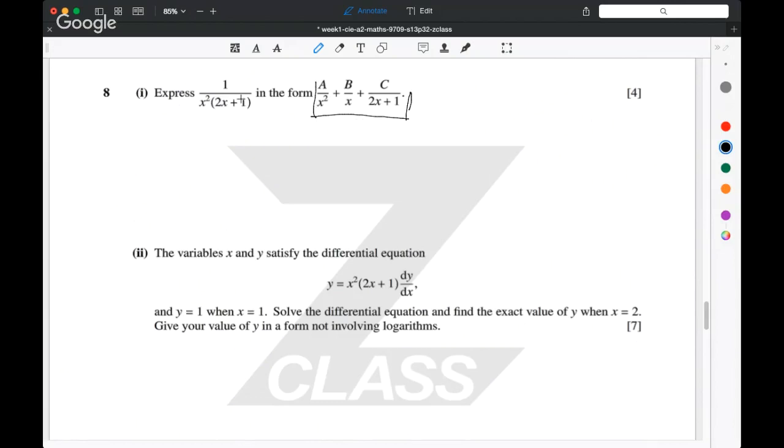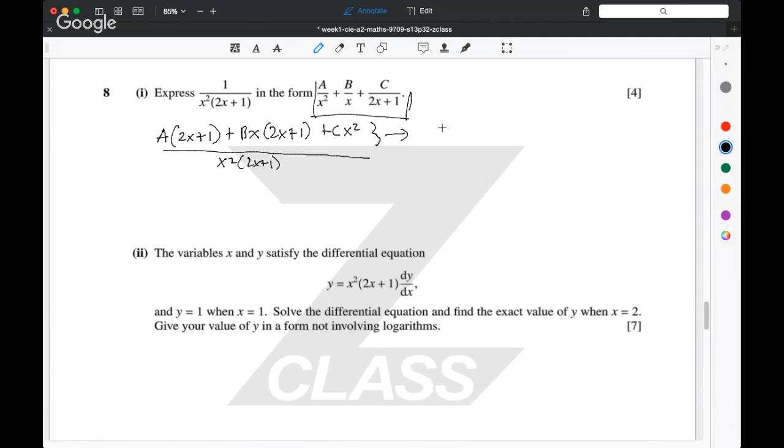So what we need to do is draw this back into a single fraction. So we have a times 2x plus 1 plus bx 2x plus 1 plus cx squared all over x squared 2x plus 1. And I'm just going to look at the numerator here.